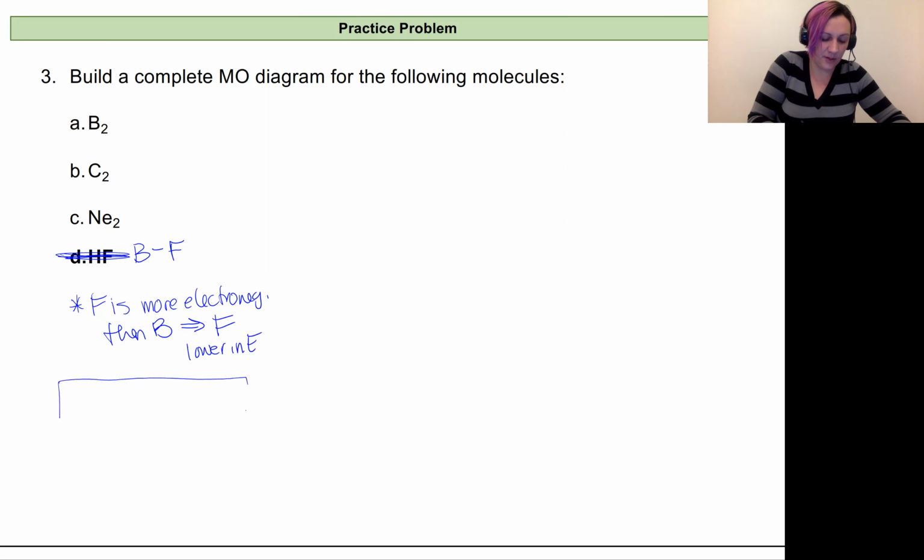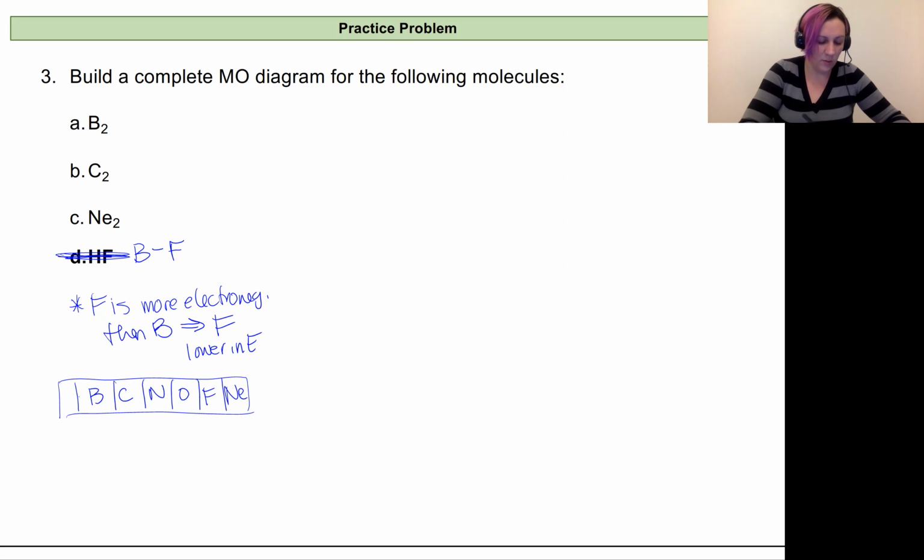Thinking about our periodic table on our second row, we've got neon and then fluorine and then oxygen and then nitrogen and then carbon and then boron. And so remember, we have our divide between how the sigma and the pi orbitals are relative to each other in energy.